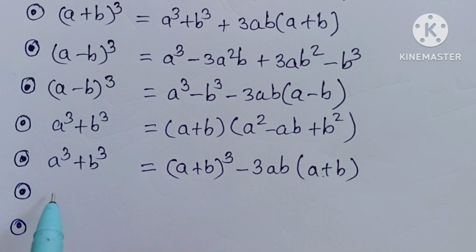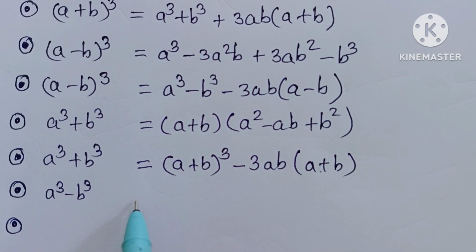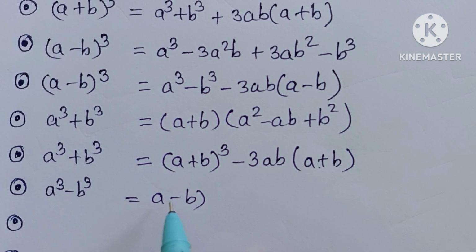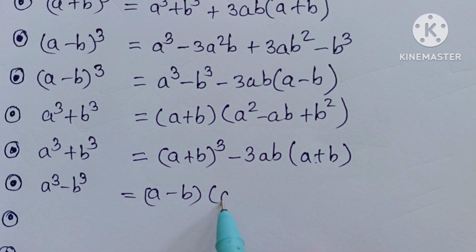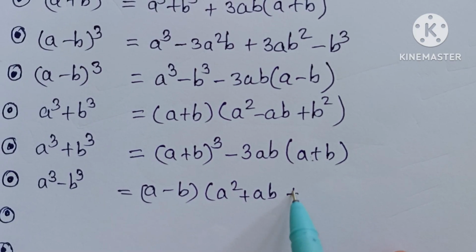Now a cube minus b cube equals (a minus b), in the second bracket a square plus ab plus b square.